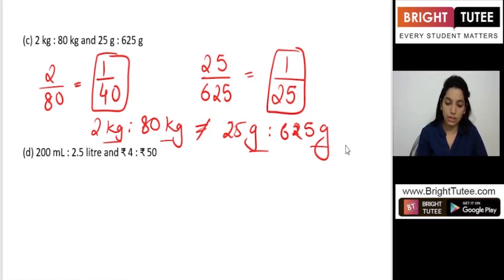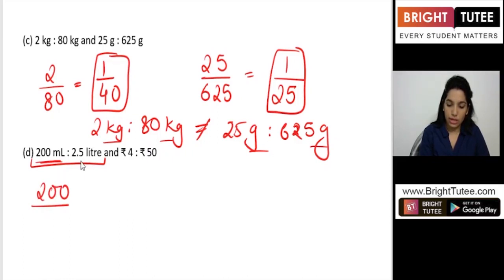The next one, see, we have got 200 milliliters and we have got 2.5 liters. So here we need to convert. Okay, because in a single ratio we cannot have two different units. So instead of writing it in liters, let us convert it into milliliters. Okay, so here we have already got 200 milliliters, so 200 in numerator, in the denominator is 2.5 liters.